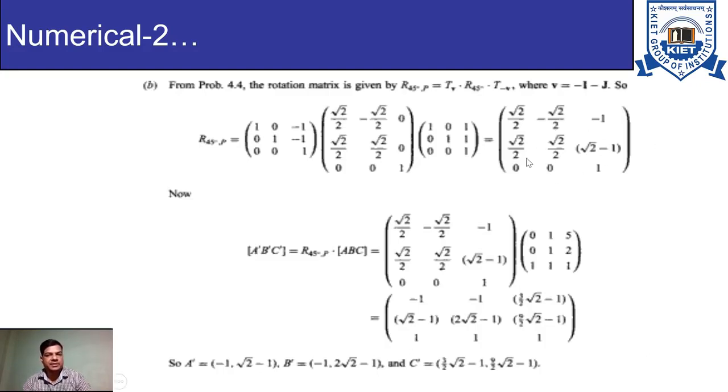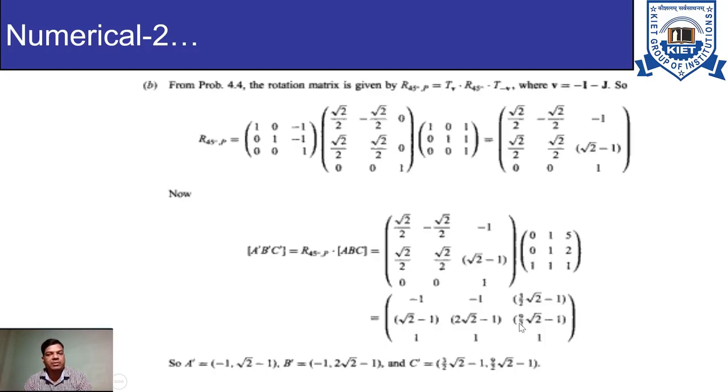This is the matrix which we apply, and this is the final calculation, in which we keep the rotation matrix about the pivot point first, and then multiply it with the object matrix.